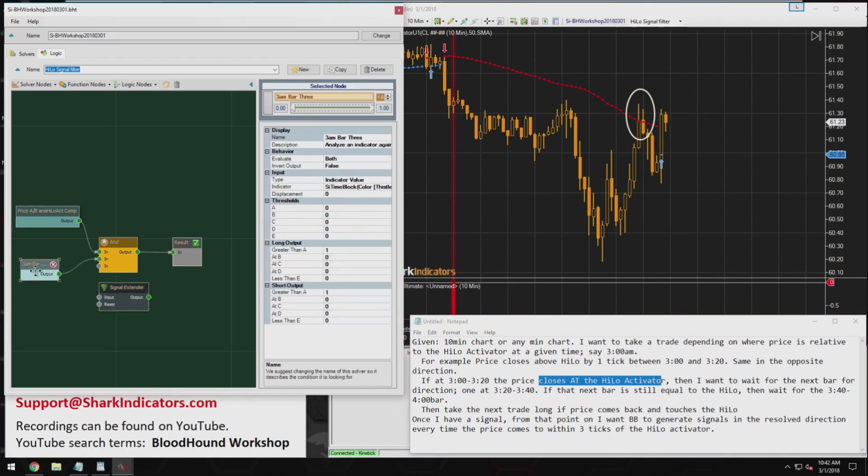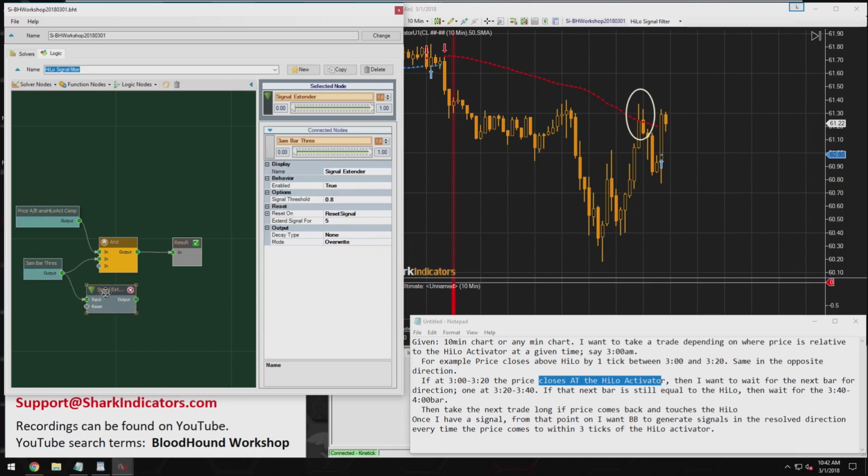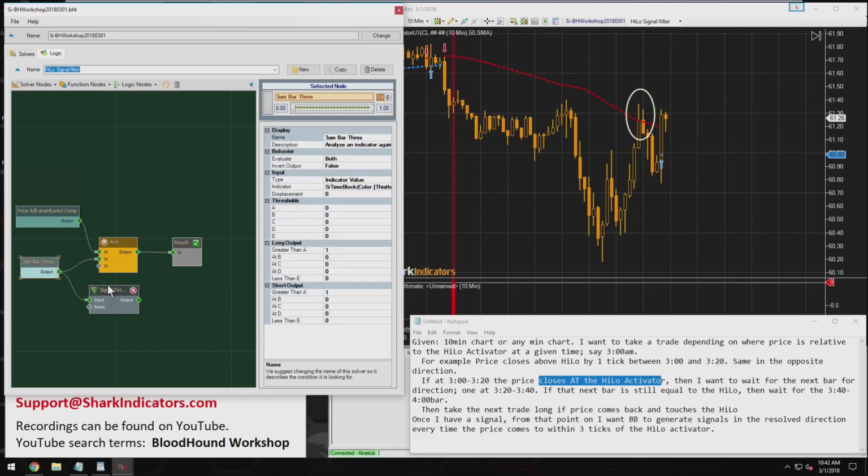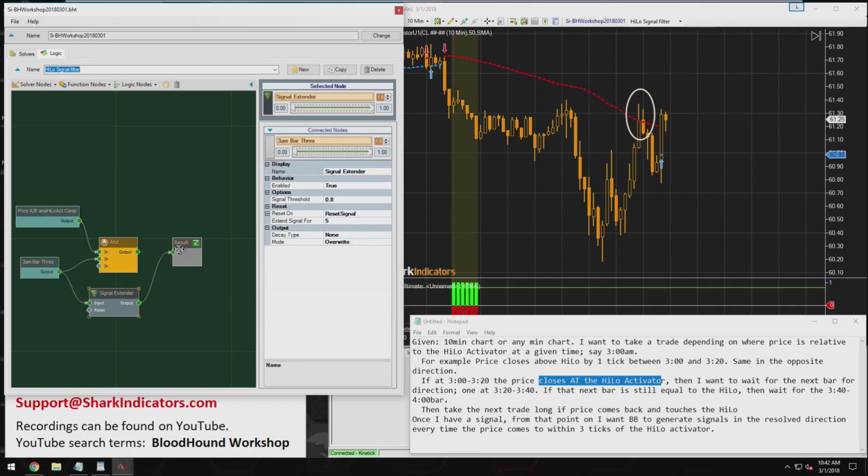Think of this solver here as our 3 a.m. bar signal. This identifies the 3 a.m. bar and enables that signal. So I'm going to stick that into a signal extender, like so.